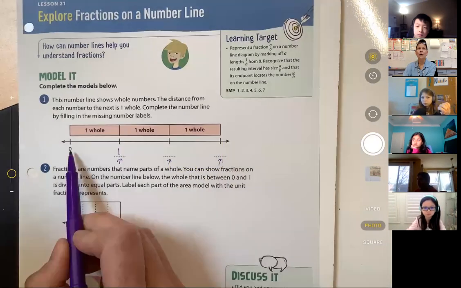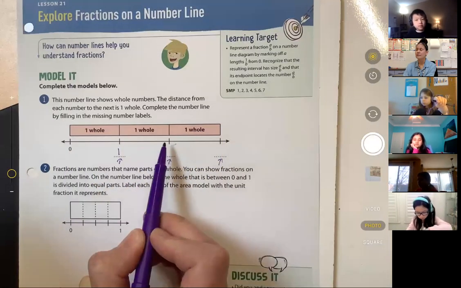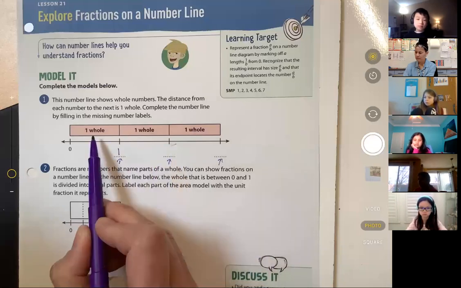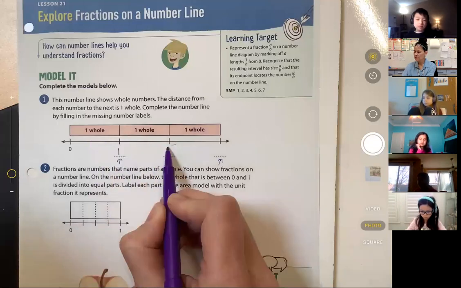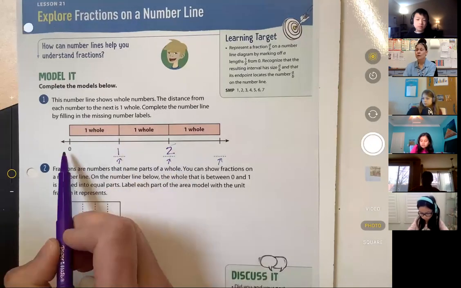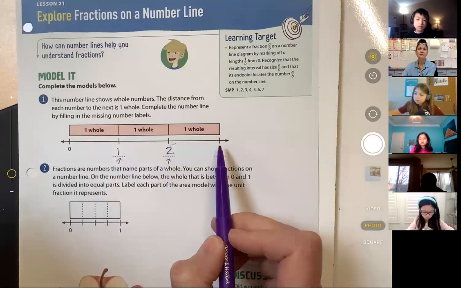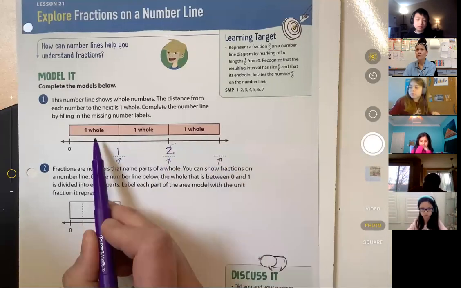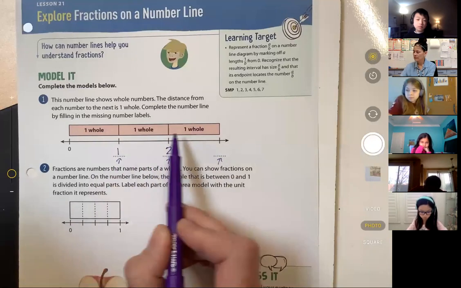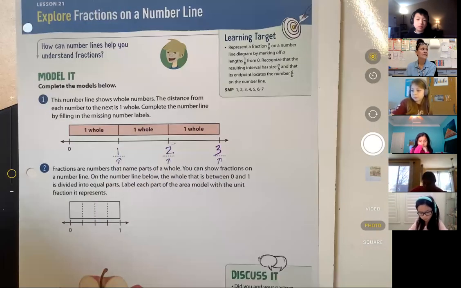And from 0 to here, how much is that? 1, 2. And then from 0 to here, how much is that? Well, 1, 2, 3. That's all that this is asking you to do.